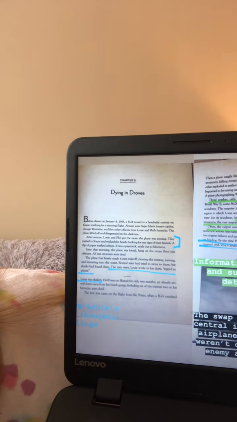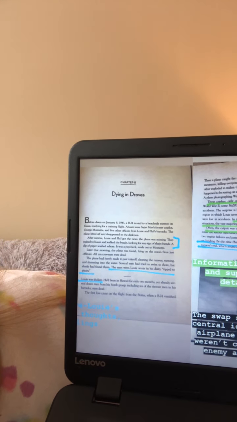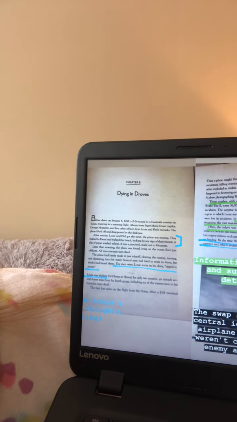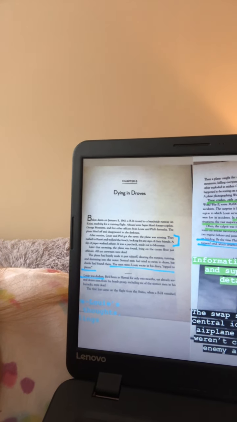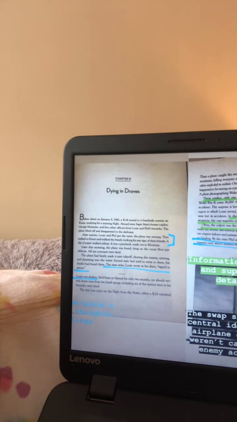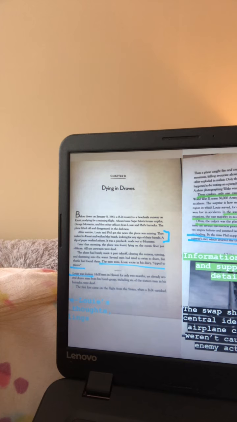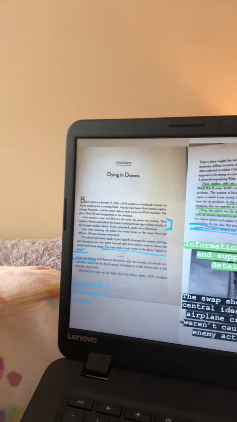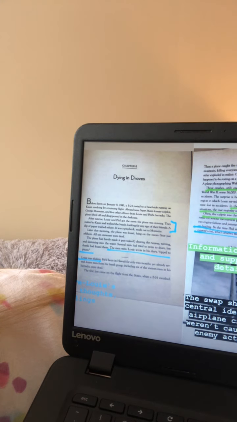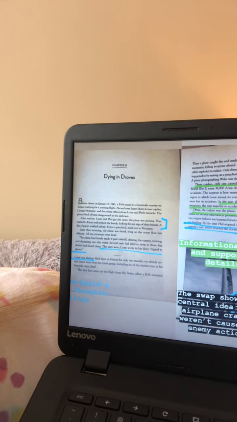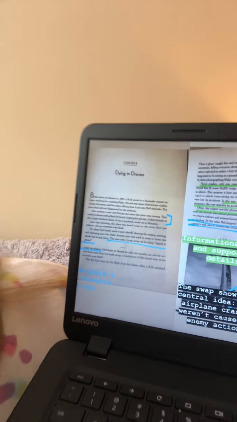The plane had barely made it past takeoff, clearing the runway, turning and slamming into the water. Several men had tried to swim to shore, but the sharks had found them. The men were, Louie wrote in his diary, ripped to pieces. Louie was shaken. He'd been in Hawaii for only 2 months, yet already several dozen men from his bomb group, including the 16 men in his barracks, were dead.